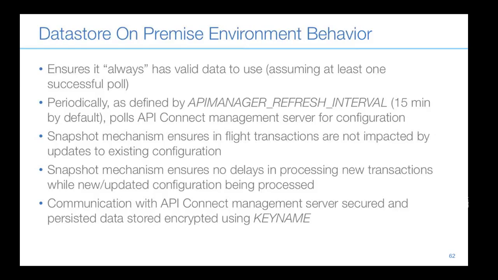So it ensures that it always has validated use by persisting the information to disk when it downloads information from the API management server. It persists that information such that in the event it's unable to reach the API management server, it still has that persisted information that it can use.